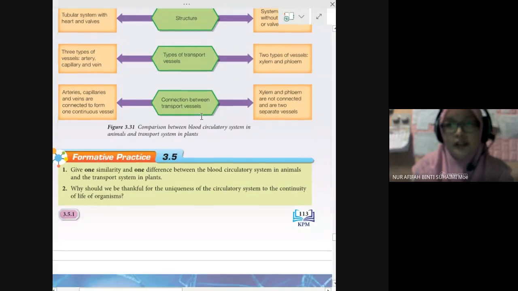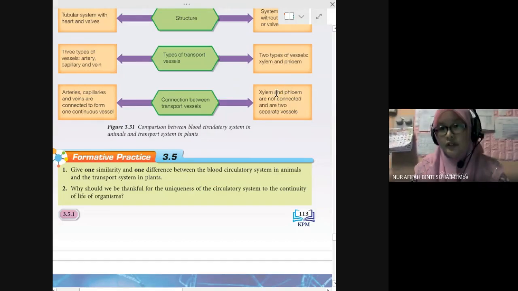Connection between transport vessels. In humans, we have capillaries from artery to vein, vein to heart, to lung. In plants, there is no connection between xylem and phloem, because the two are separate from each other.